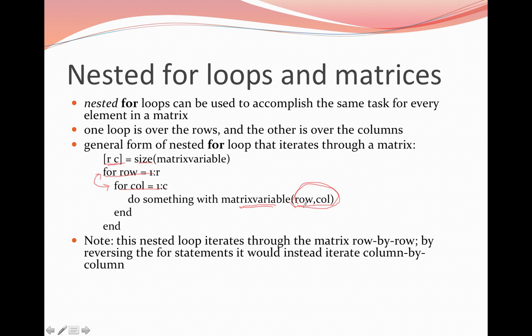You're always going to have the row index first and the column index second, regardless of the order of the loops. So if you want to do something in a matrix for every row, then your outer loop has to be over the rows. If you want to do something for every column, then the outer loop has to be over the columns. This is, again, a very important programming concept. If you want to loop through the elements of a matrix, you use nested for loops to accomplish that.